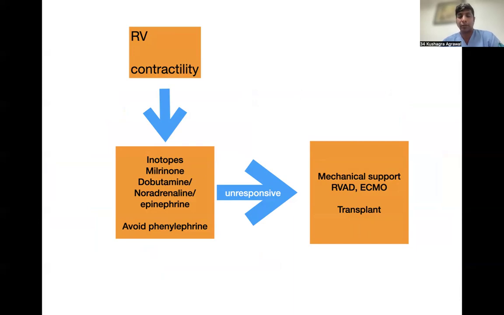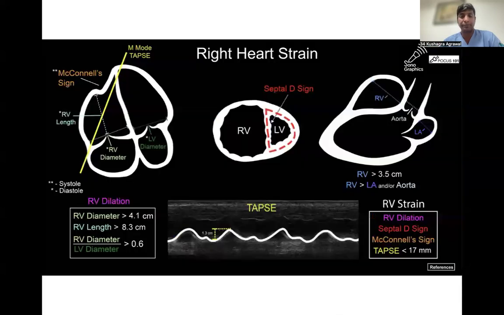So ultimately, it will further increase the burden on the right ventricle as well as on the left heart. In a refractory setting, we can take mechanical support, a right ventricular assist device or ECMO, or we can go for transplant.